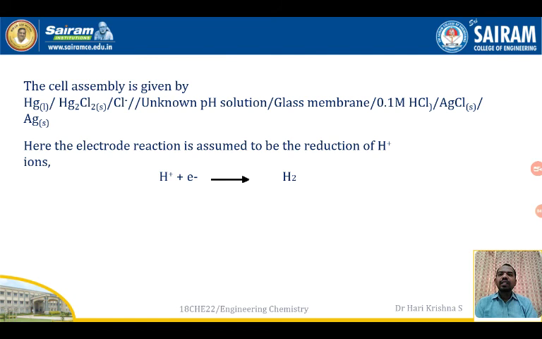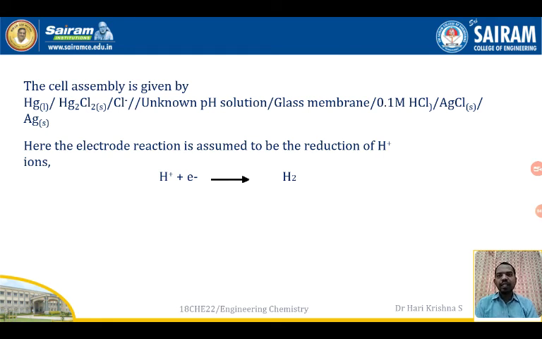The above cell can be represented as Hg, Hg2Cl2, Cl minus, that is the calomel electrode, dipped in the unknown solution and coupled with the glass electrode. The glass electrode is represented as glass membrane dipped in 0.1 molar HCl, with the internal reference electrode AgCl, Ag. This is the representation of the above cell.